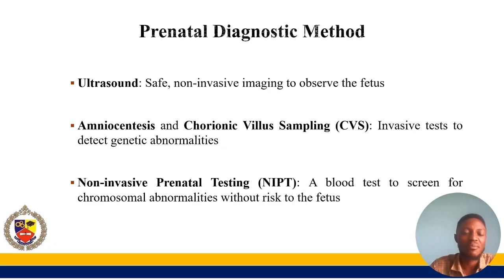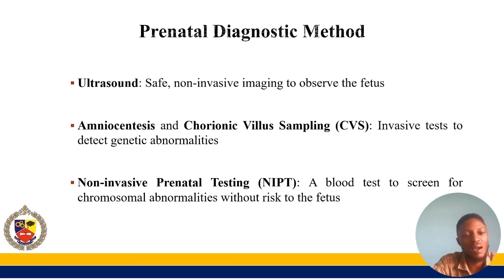We have many ways of diagnosing and observing the fetus till the baby is born. One is the ultrasound, which is safe and a method that does not involve penetrating or using equipment inside the uterus to observe the baby. It is a non-invasive imaging method to observe the fetus, right?